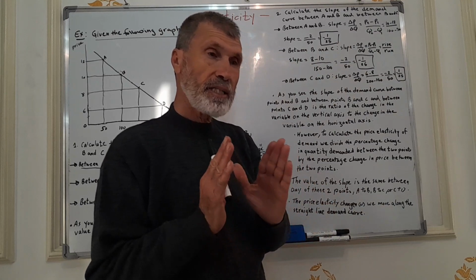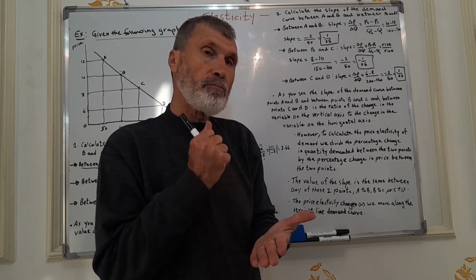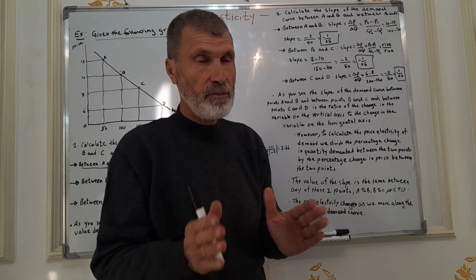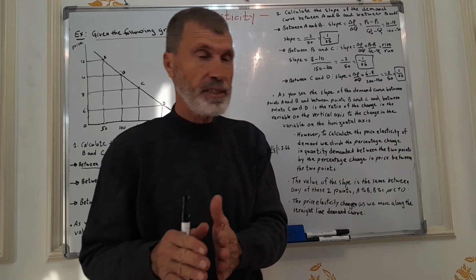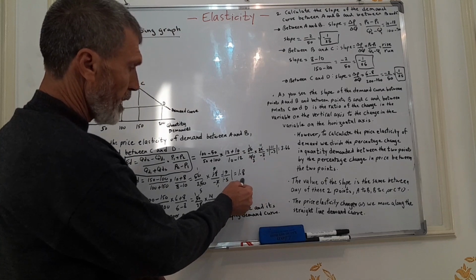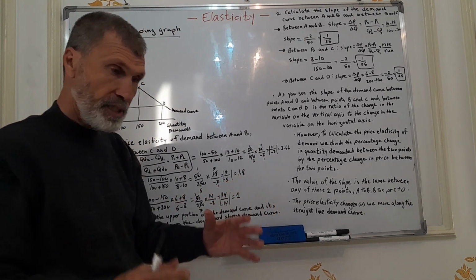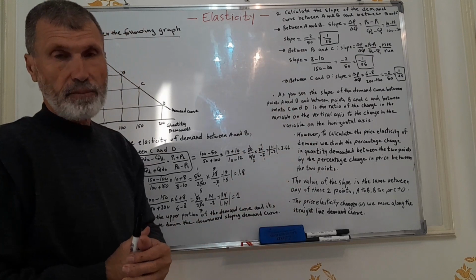As you can see, the slope is the same. However, the price elasticity of demand differs between A and B, or between B and C, or between C and D. The values, as you can see, 3.66, now 1.8, and then 1 change as you move along the straight line, the downward sloping demand curve.